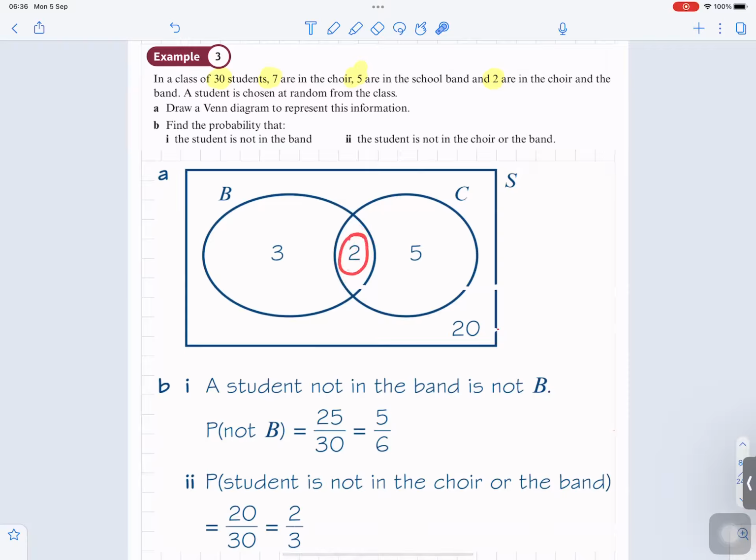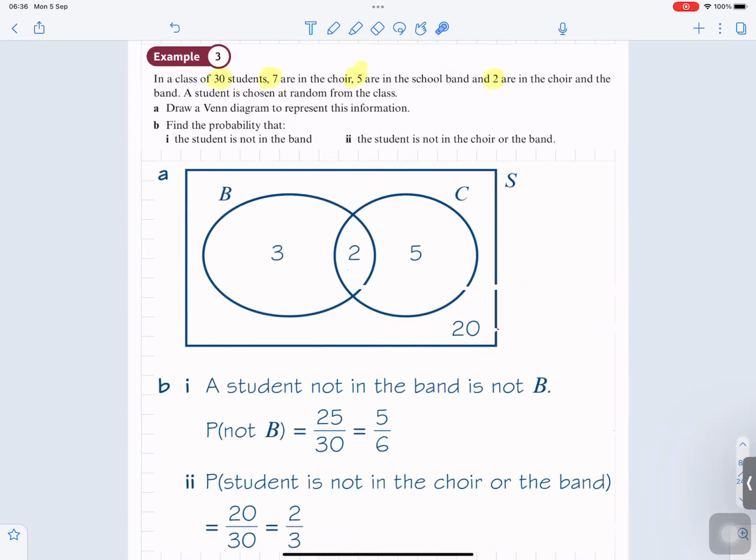So that 2 represents the number which are both in the band and the choir. And this region represents the events in the sample space that are not in C or B. The ones I've shaded, things which are not in C or B.